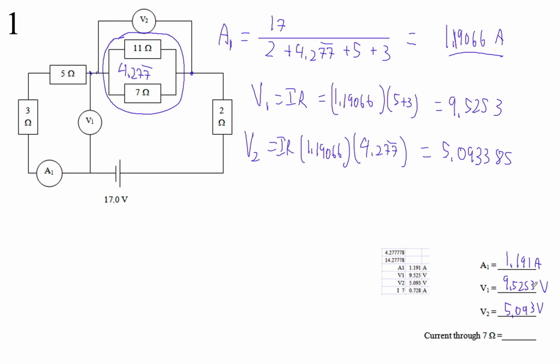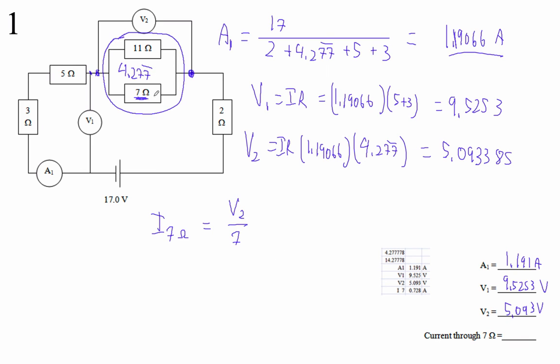Okay, now it gets interesting, right? We know that the potential from this point to this point is 5.0933. Okay, so now we can actually figure out the current through either one of these. They're asking us for the current through the 7 ohm, right? So the current through the 7 ohm is just going to be V2, whatever that potential is, divided by 7.